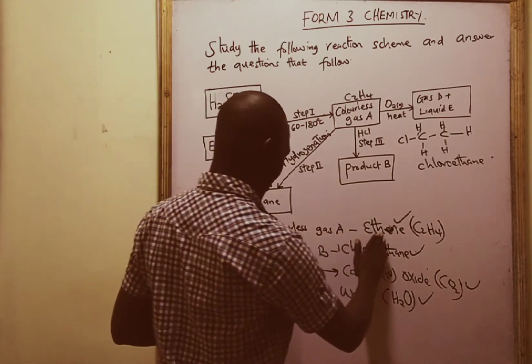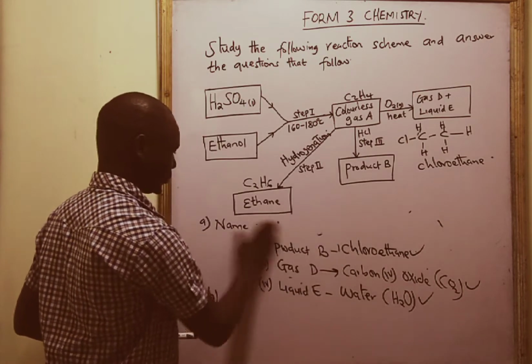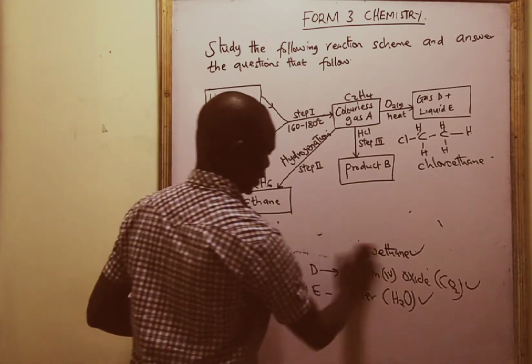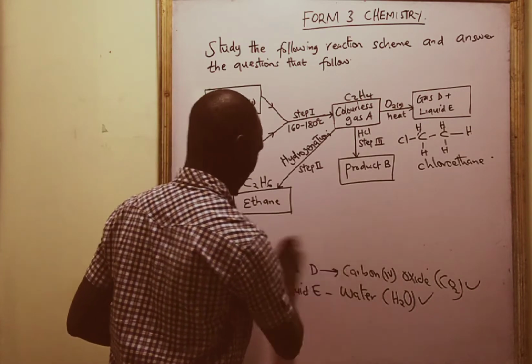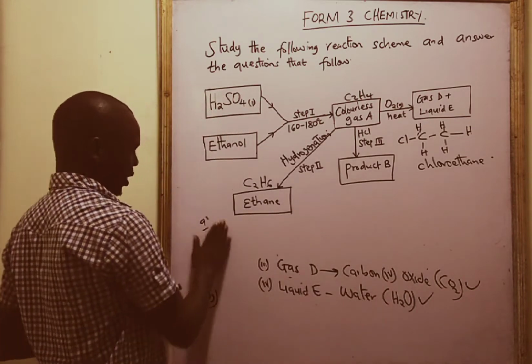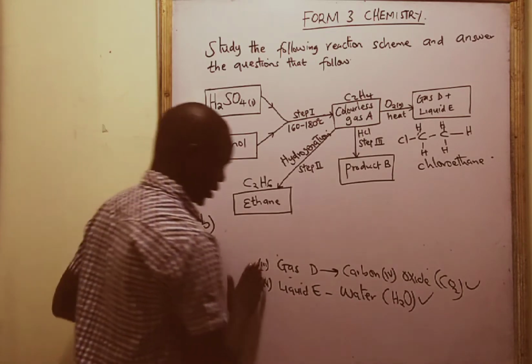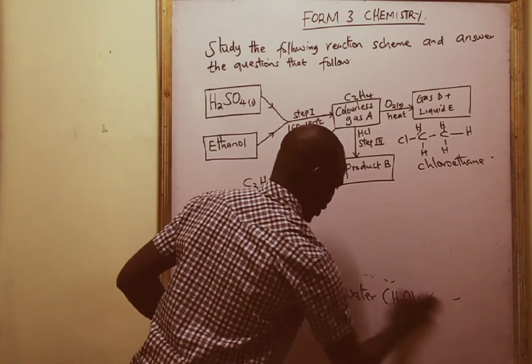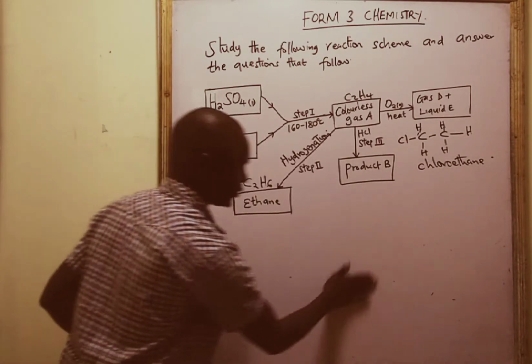So if I can wrap this part here, we are going now to do part B of the question by writing all the equations forming the products that we have already mentioned above.